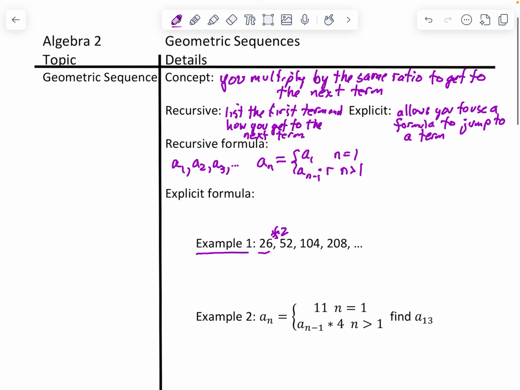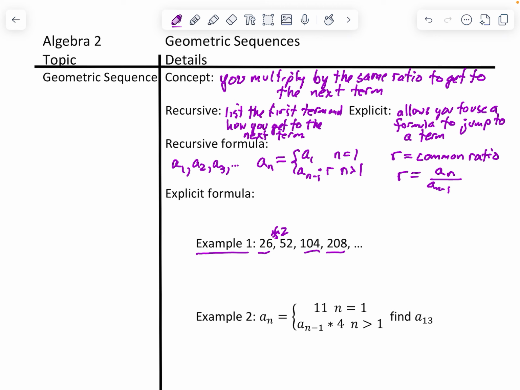So r equals the common ratio, and you calculate r by taking any term and dividing by the previous term. So any two terms in the sequence, the second one over the first one will give it to you. For instance, on my listing down here, if I took 208 divided by 104, that would give me 2. That would be my common ratio.